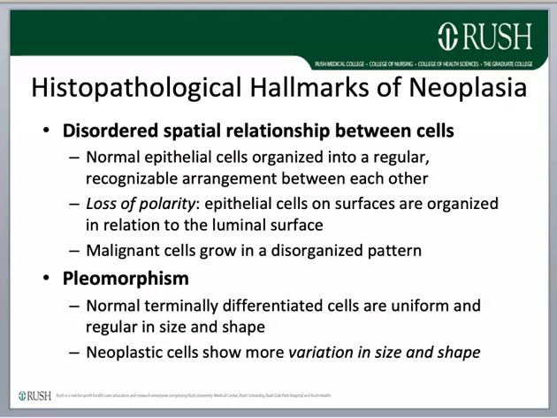Another similar feature to this is pleomorphism, meaning that normally terminally differentiated cells are uniform and regular in size and shape. So if you look at a section of intestine, for example, one enterocyte looks like the next one, which looks like the next one, etc. Whereas what we see in neoplasia is that the cells show a lot more variation in their size and shape.